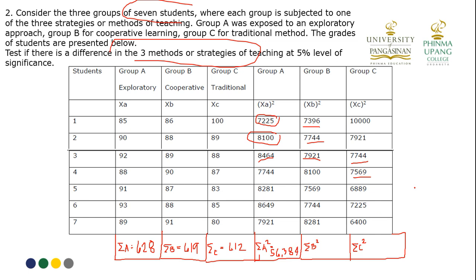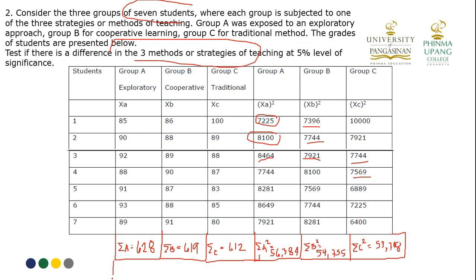Next. 54,755. Next. 53,748. Grabe kayo sumagot, kompleto. Pwede lang sabihin 54,755, ganyan.